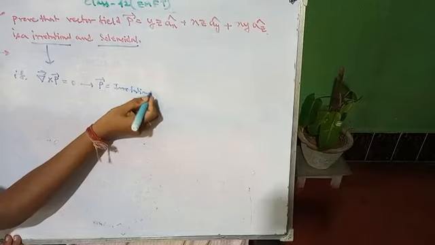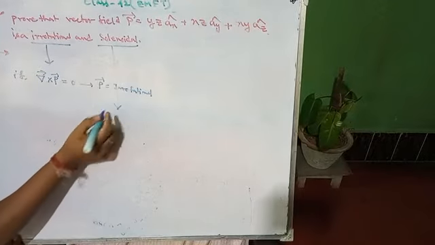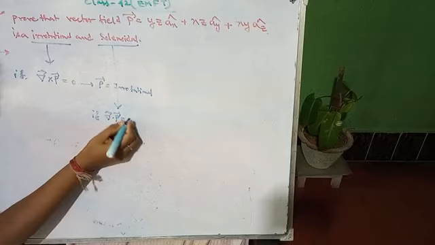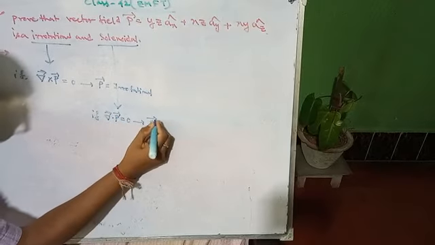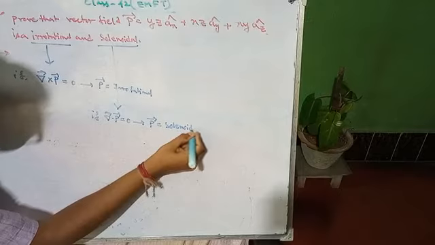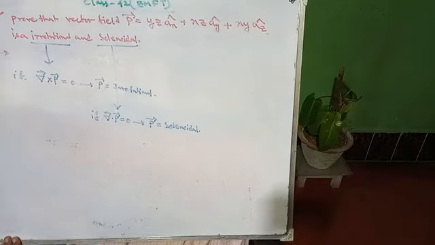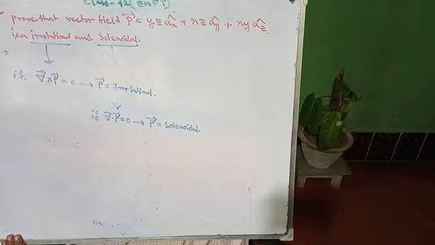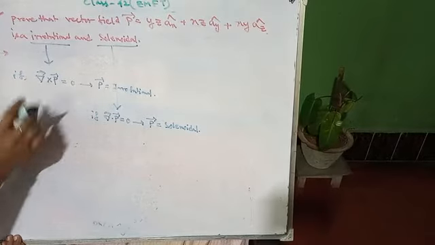And for the solenoidal concept, if divergence of P equals 0, then P vector will be called solenoidal. So for curl of P, you have to perform the curl of P and verify it will be 0, irrespective of any point.